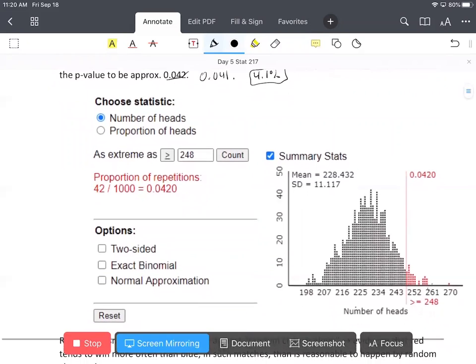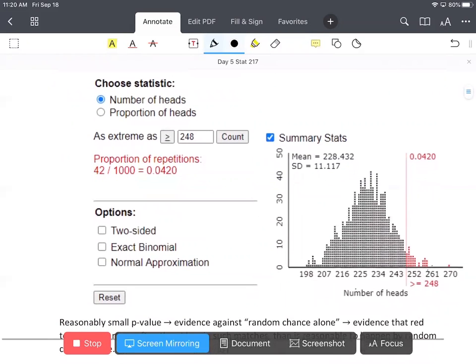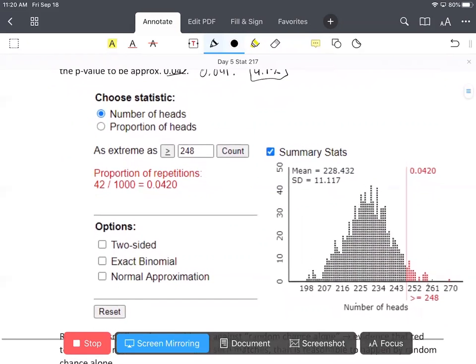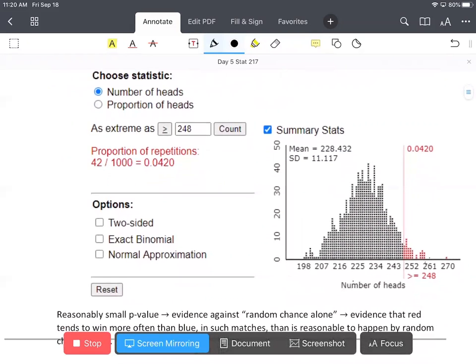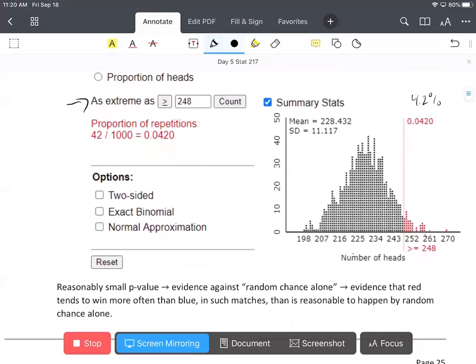We did this 1,000 times, so there are 1,000 dots. This time when I generated the null distribution, I ended up with 4.2% that were as extreme as or more than 248 wins, wins being heads in this case, because we're simulating what's going on.